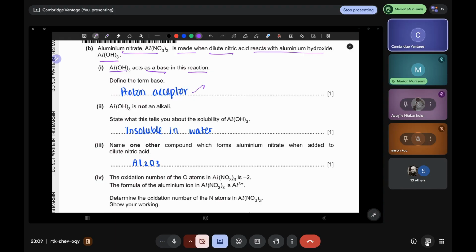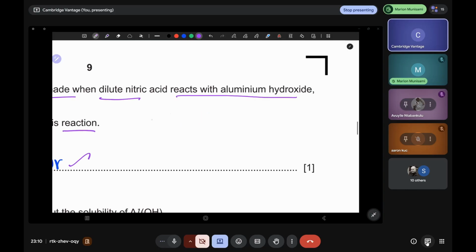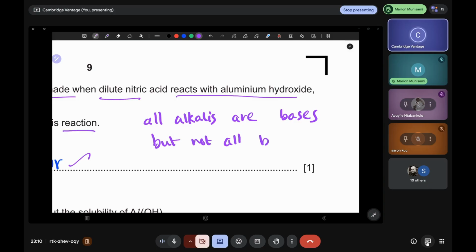As straightforward. And then they say Al(OH)3 is not an alkali. State what this tells you about the solubility of Al(OH)3. Now here's the thing. I'm pretty sure all of you have heard of the fact that all alkalis are bases, but not all bases are alkalis.